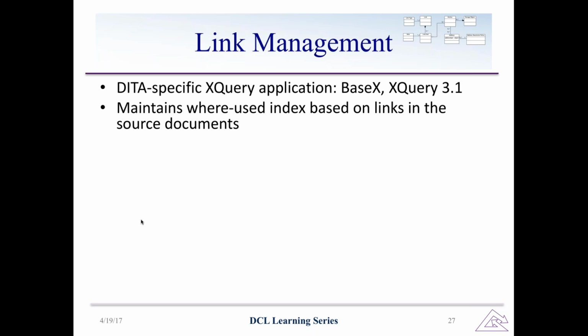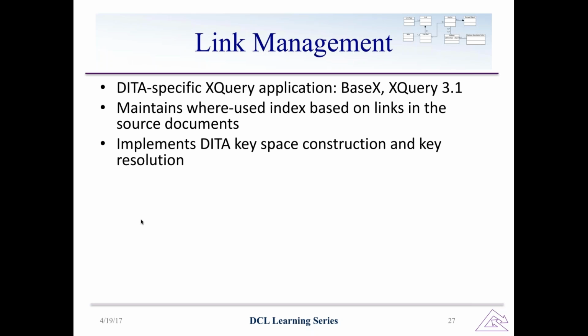Okay, so this maintains basically a where-used index based on the links that are in the source documents. Right? Because the fundamental question that an author needs a quick answer to is, for a given information component, a topic, a map, or an element that might be used by reference, where in my current information set is there a link to this thing?